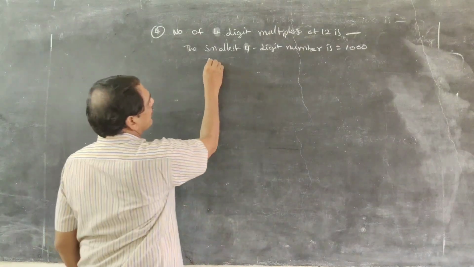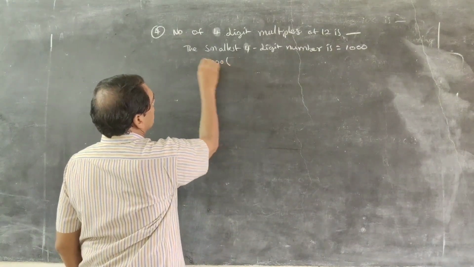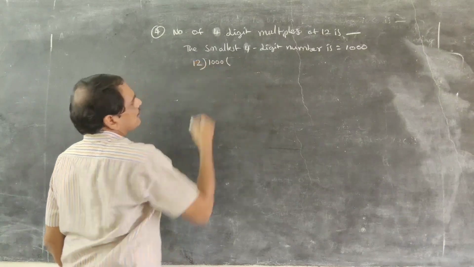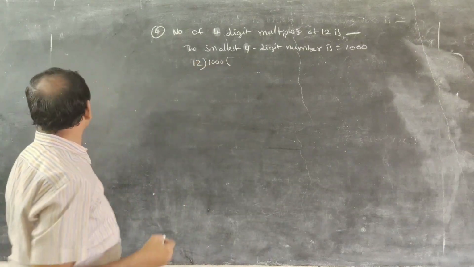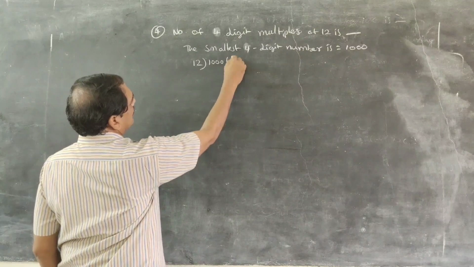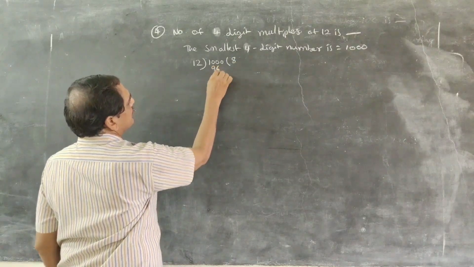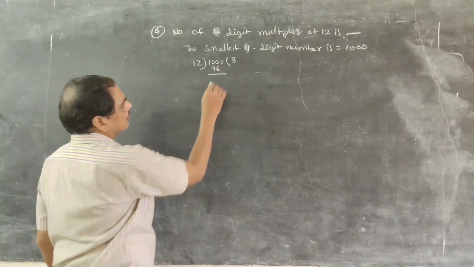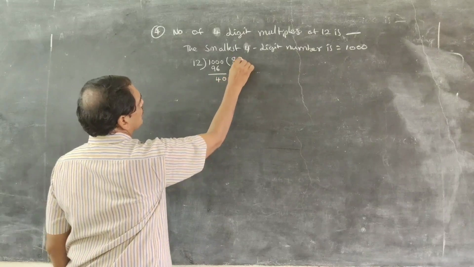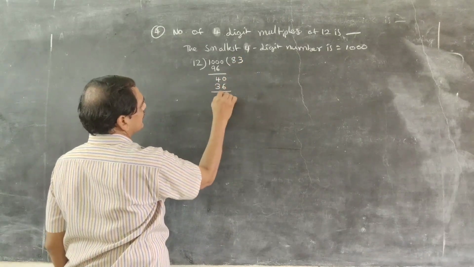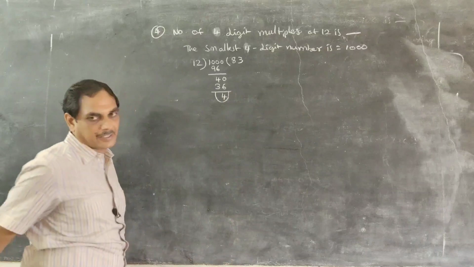Now we divide 1000 by 12. 12 8s are 96, 4 0, 12 3s are 36, 4 is the remainder.